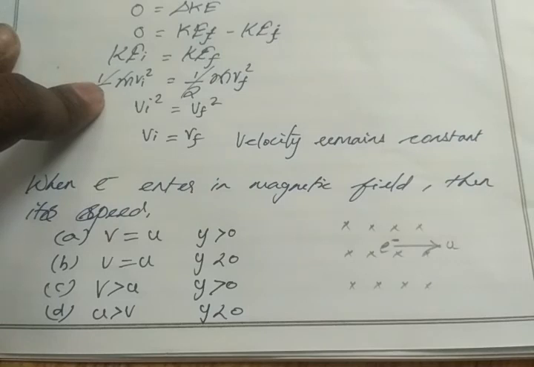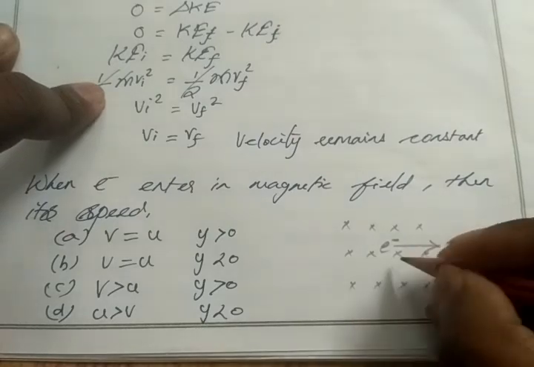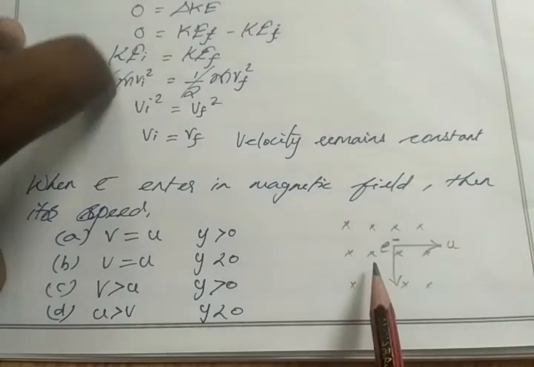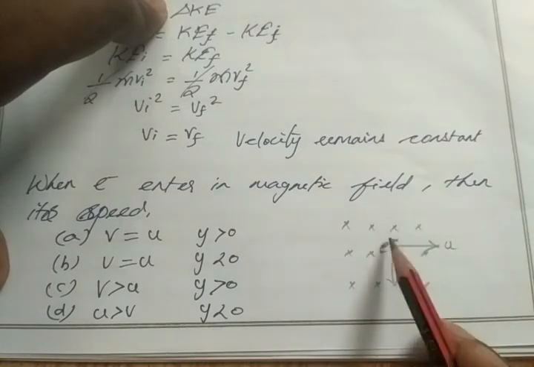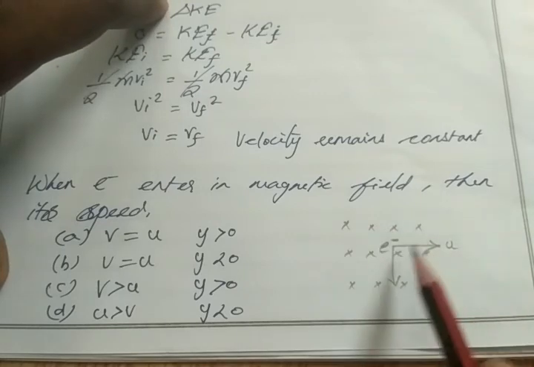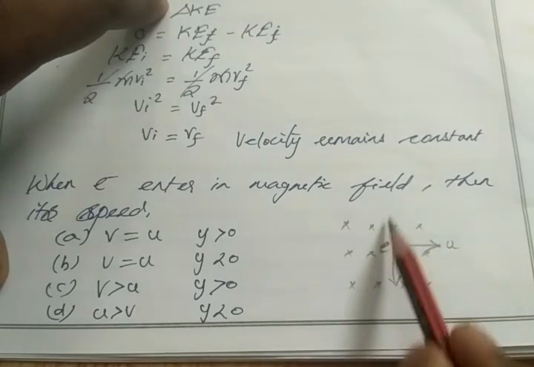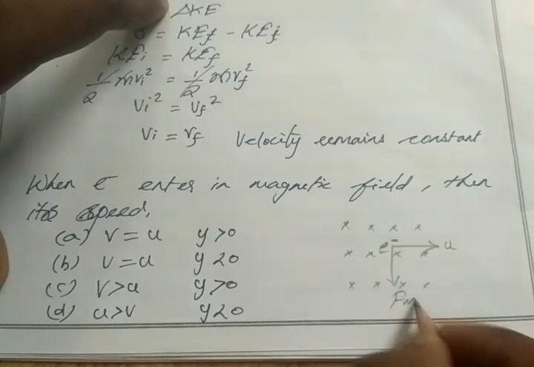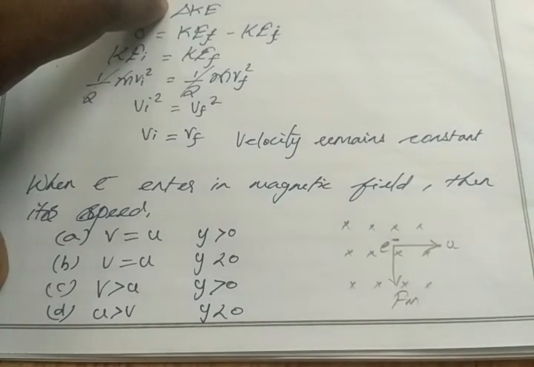By using the right hand palm rule or Fleming's left hand rule, what is my direction of force? This is the direction of force coming like this, because this is a negative charge. If it is a positive charge, then I have upwards.